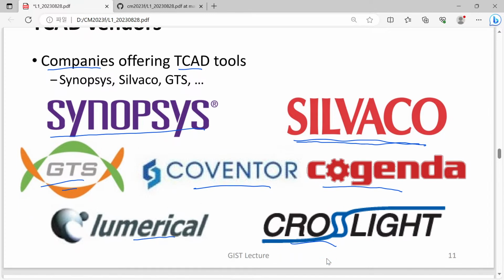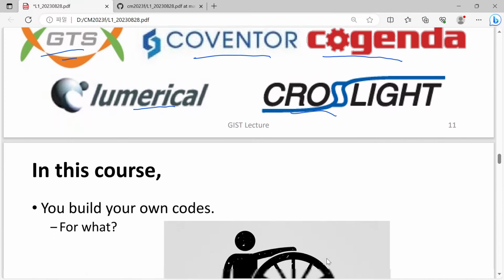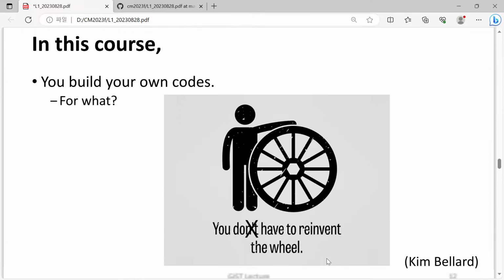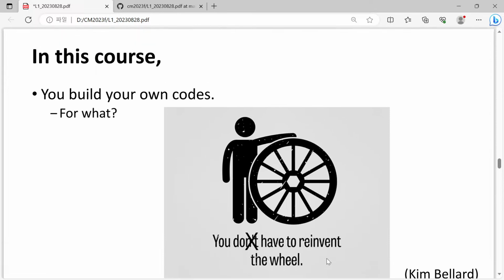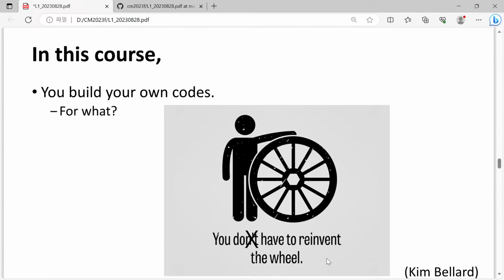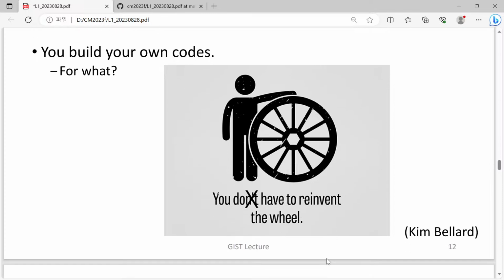However, in this course, we are not doing such a fast way. In this course, you will build your own code. Sometimes people say that you don't have to reinvent the wheel. But in this course, we intentionally reinvent the wheel, or fabricate our own wheel once again.